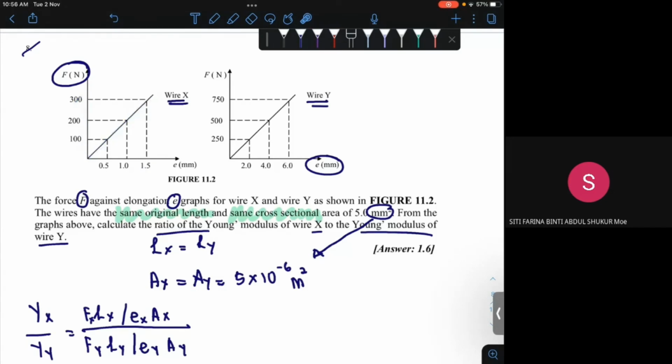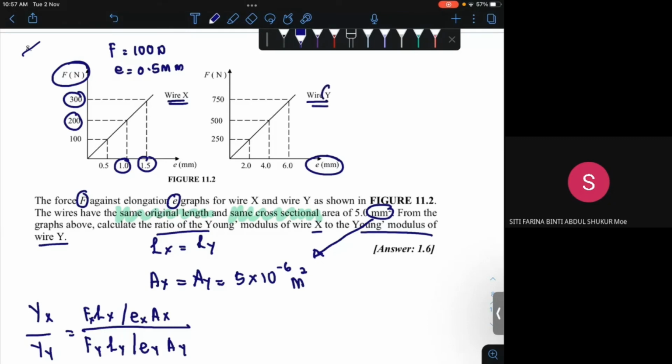Bila force kamu adalah 100, elongation kamu adalah 0.5. So, bila F sama dengan 100 Newton, awak boleh guna elongation 0.5. Okay, bila force kamu 200 pula, elongation kamu jadi 1. And then as your force increase to 300, your elongation becomes 1.5. So, nilai forces kamu diberi 3 nilai. Nilai elongation for those respective forces is also given.